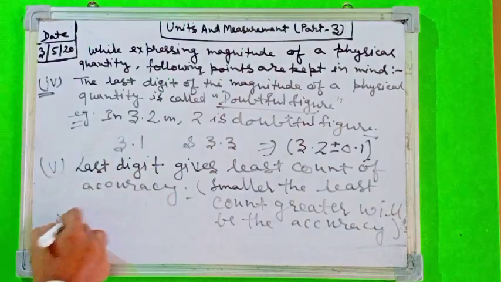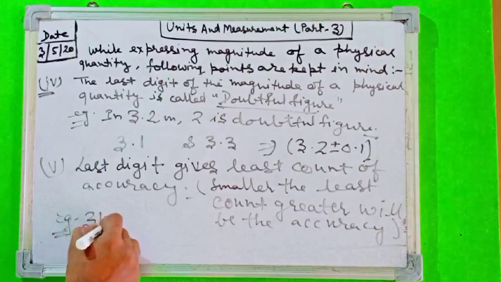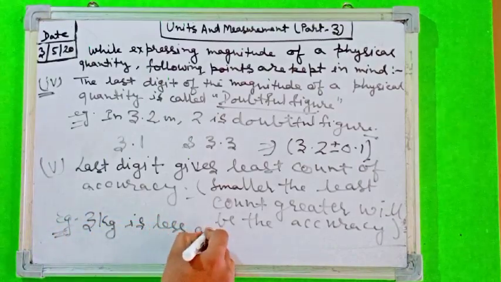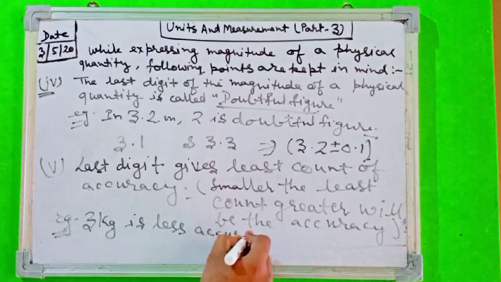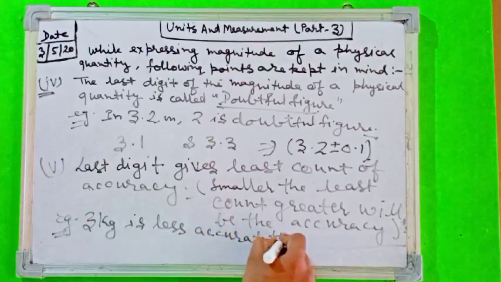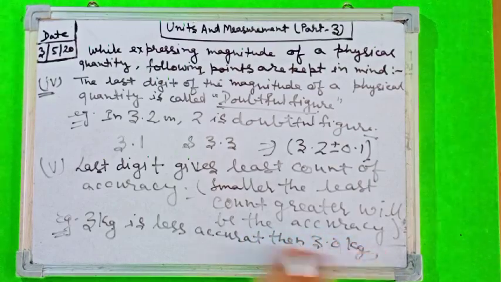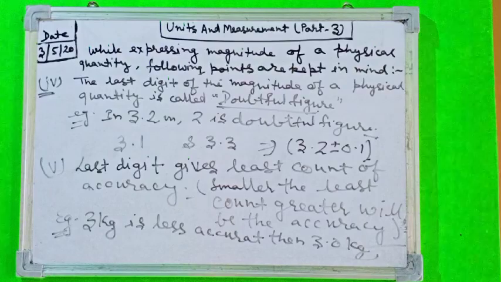Example: 3 kg is less accurate than 3.0 kg. Now here there is a question: why is 3 kg less accurate than 3.0 kg?